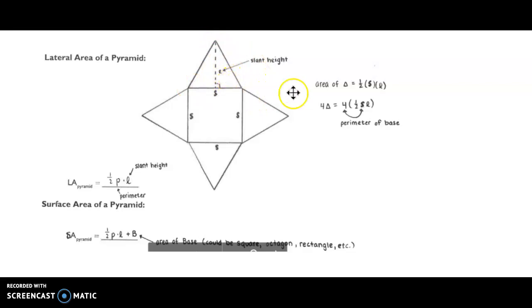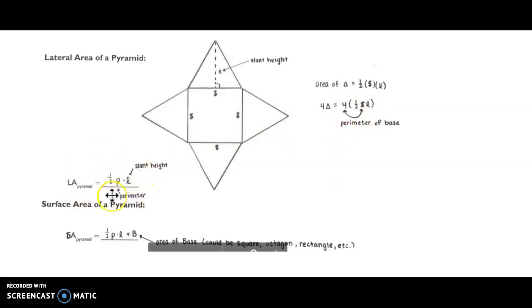The area of a triangle is 1/2 base times height. Well, the base is S, meaning one side length, right? And then the height is actually represented by the slant height when it's unfolded. So it's L, okay? And in this case, since there are 4 of them, because this is a 4-sided base, this is 4 times 1/2 SL.